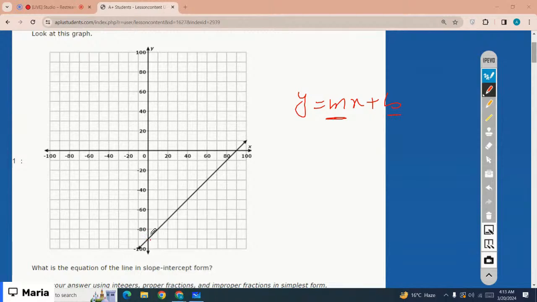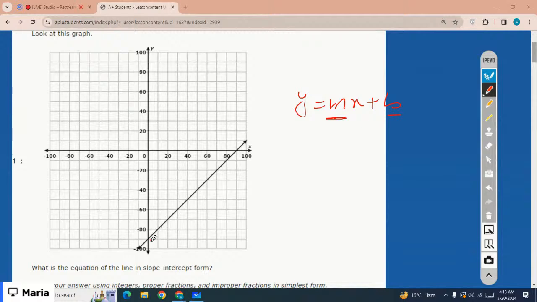The graph is touching the y axis at negative 90. So here is the y-intercept. You have to find the slope, right?